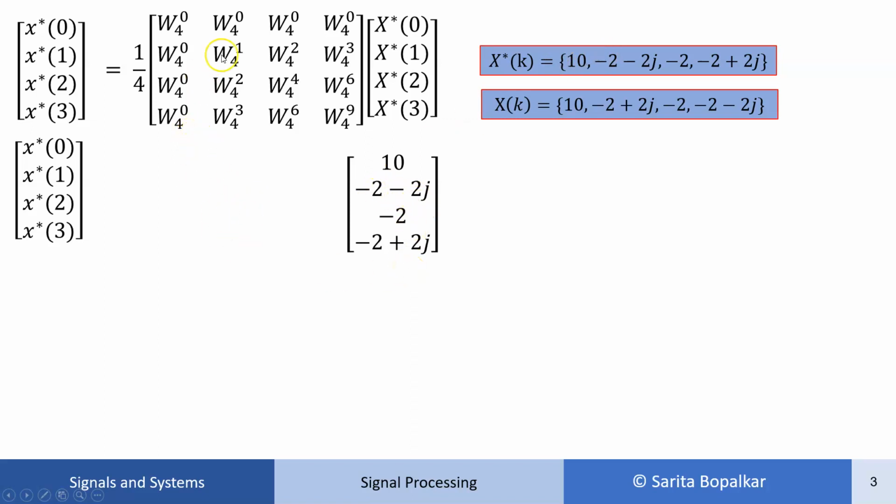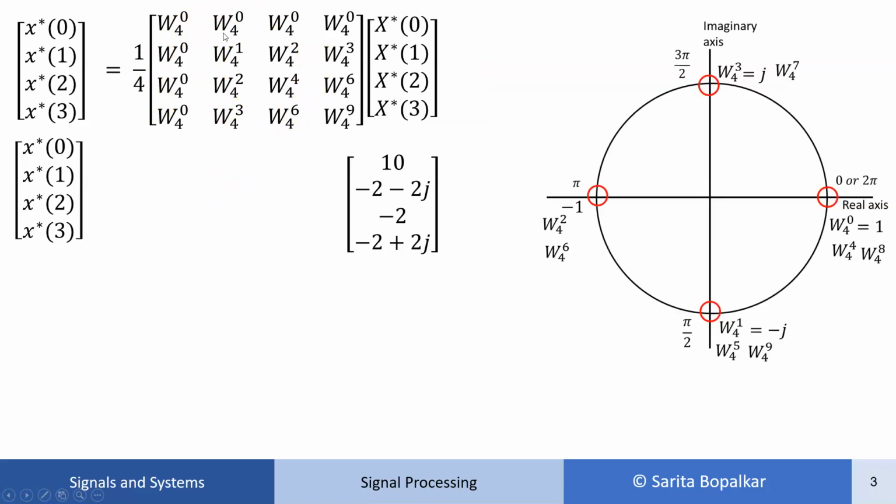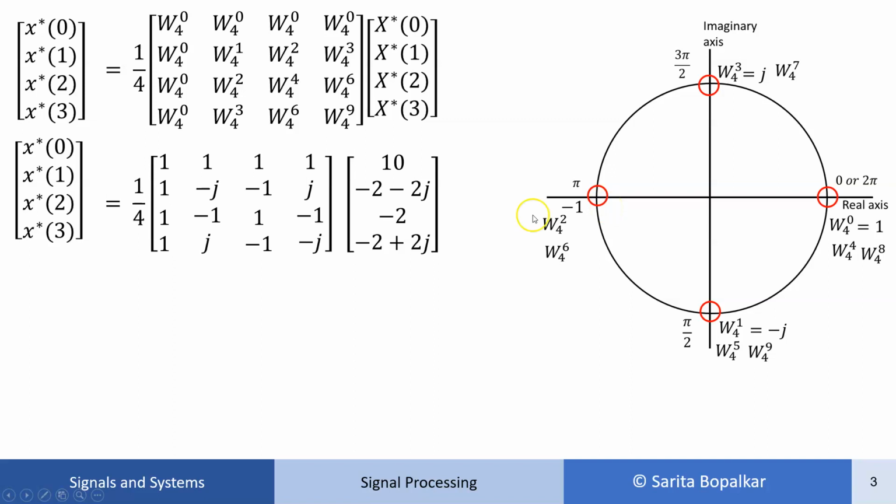And here I will use the same twiddle factor matrix which we are using to find the DFT. To find these values W40, W41, W42, you can use this phasor diagram. We already know this, so I will directly use the matrix here. Now do matrix multiplication.